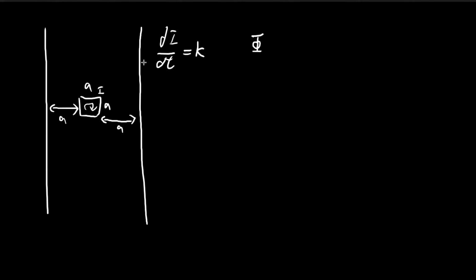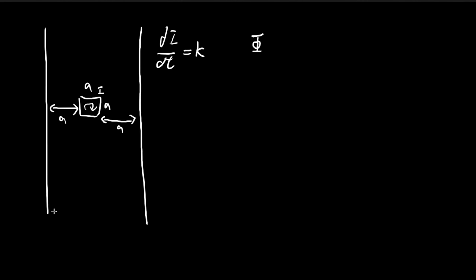But the fortunate thing is that inductance works both ways. The amount of flux going through this giant hoop because of this square hoop is going to be equal to the amount of flux that goes through this small hoop if the magnetic field is being generated by this outer wire.